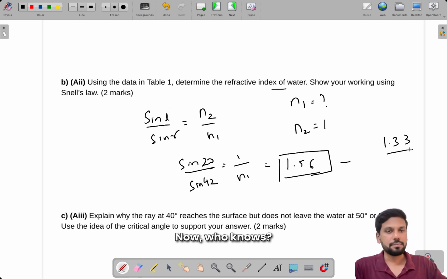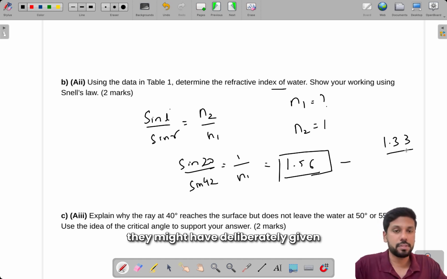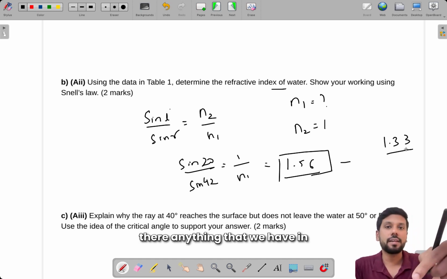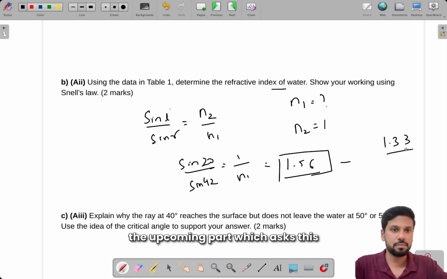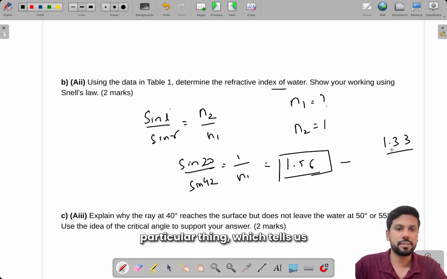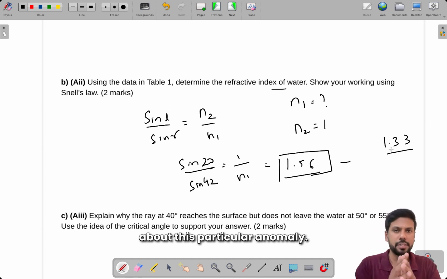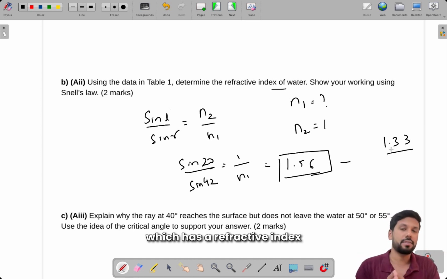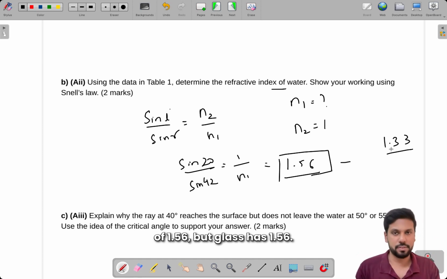Now, who knows, in this question they might have deliberately given this wrong answer. Let's see if there is anything in the upcoming part which asks about this particular anomaly. It might not be water, or it might be some other liquid which has a refractive index of 1.56, but glass has 1.56.